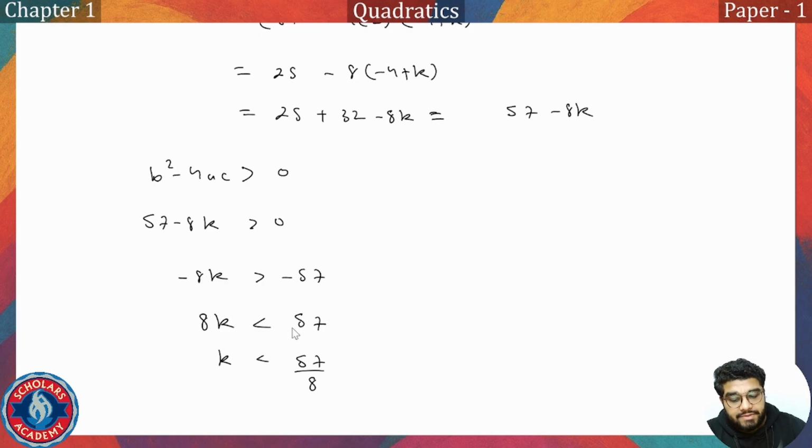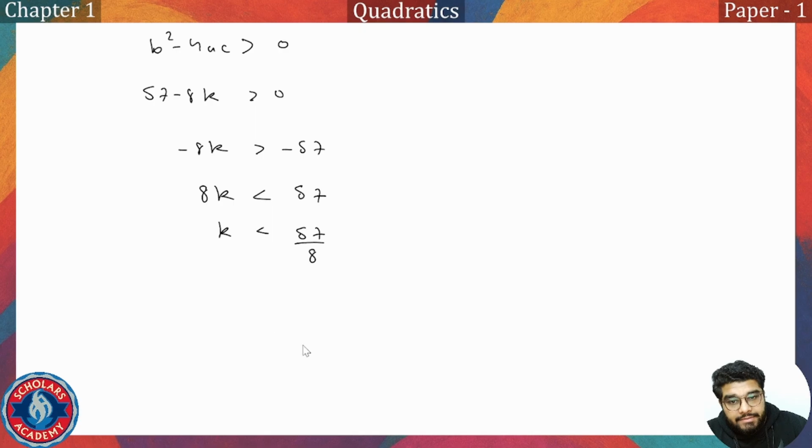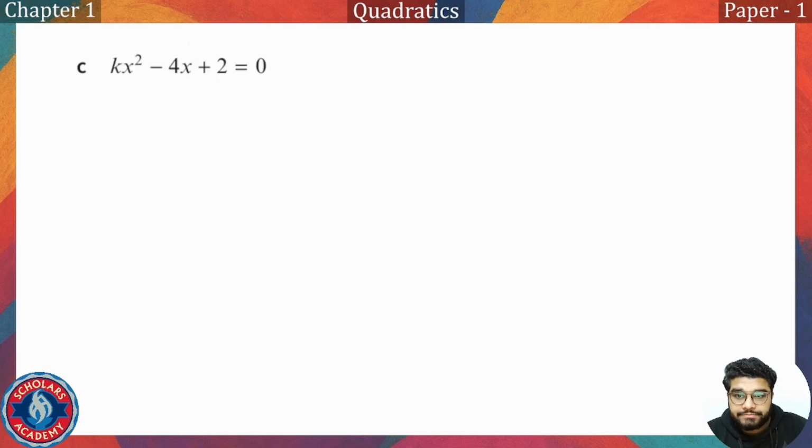Right? So this is what we are getting, and this is the value for k. So for all the values of k which are less than 57 by 8, we get two distinct real roots. I hope it is clear. Let's move forward.